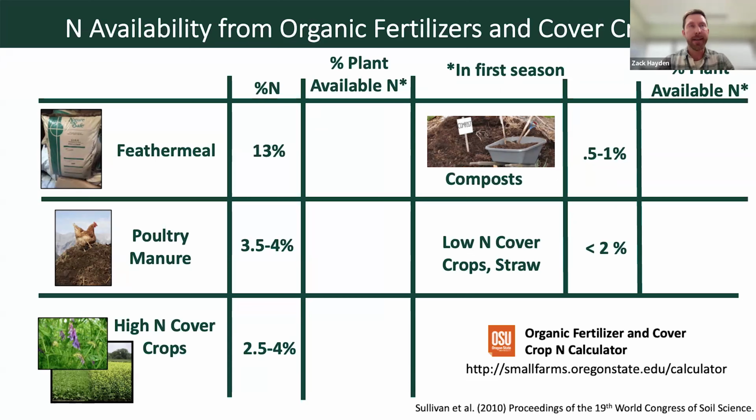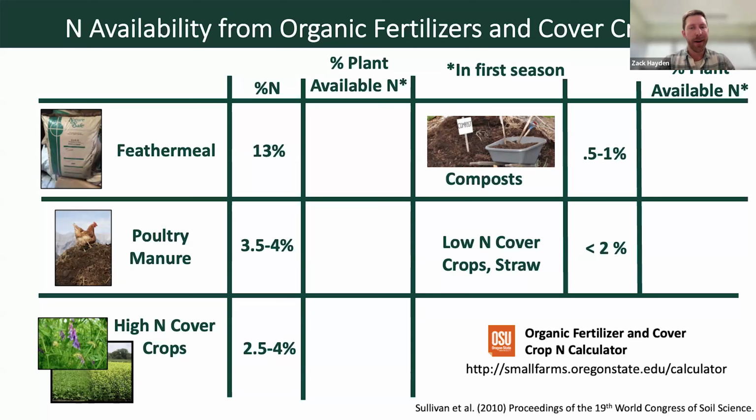And one of the key things we have to understand is not just how much nitrogen is in organic fertility sources, but how much of that is actually going to become available in the first season. So this is a bit of a busy slide here.